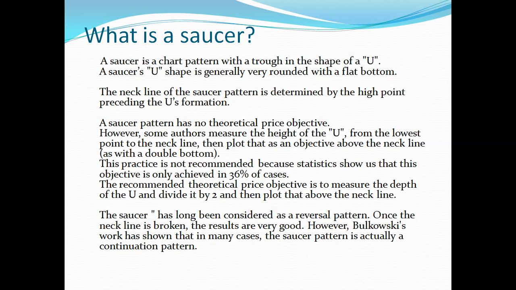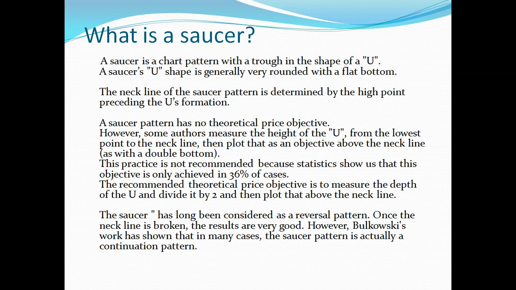Once the U is formed, its high point, the neckline, can be determined. A saucer pattern has no theoretical price objective. However, some authors take the height of the U from the lowest point to the neckline, then plot that as an objective above the neckline, as with a double bottom.